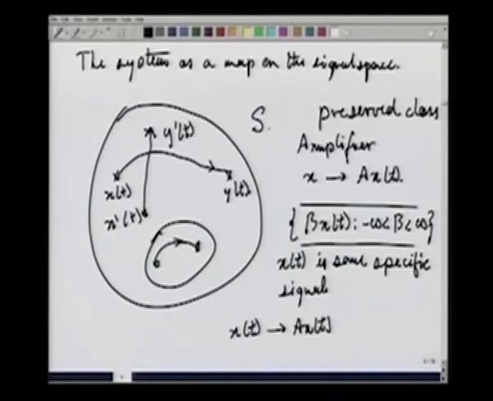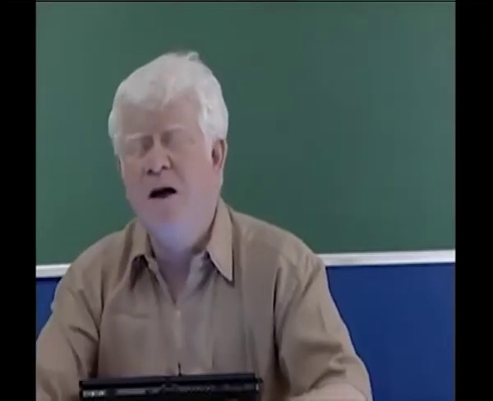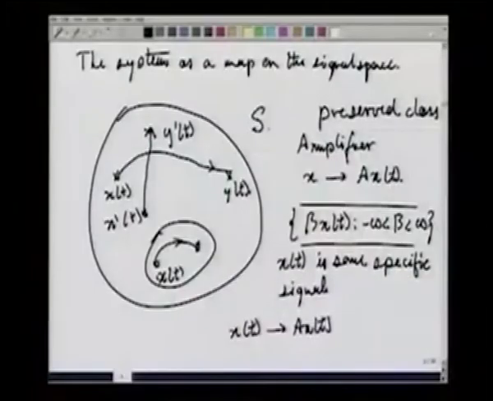Since this class contains beta x(t) for every value of beta, it will also contain A x(t). So, if this for example is x(t), then this might be A x(t). And what if I took A x(t) itself as the input? Then I would get A squared x(t), where A squared is the new value of beta that is being invoked. So, once again it would lie within this set, and this could be A squared x(t).